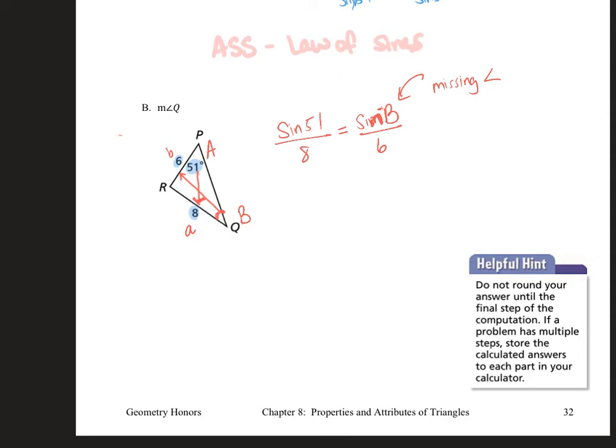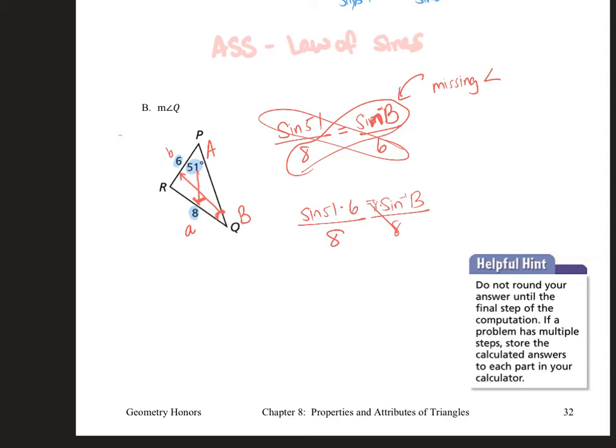Okay, so we're going to cross multiply like we did before. So it would be sine 51 times 6 equals 8 times sine of B. Divide both sides by 8 to cancel that.